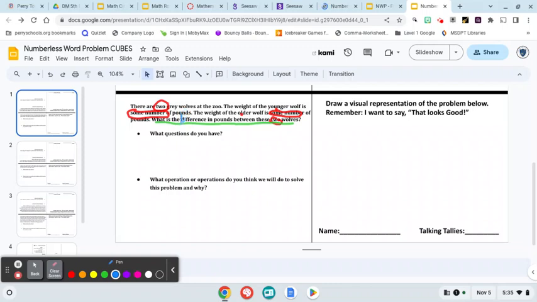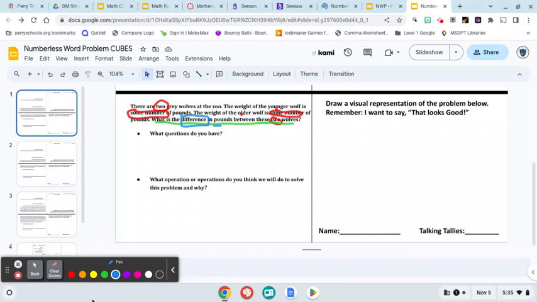The clue word in this problem is difference. I know that difference means to subtract, so I'm going to put a little minus sign there. What I'm going to do is subtract the older wolf's weight minus the younger wolf's weight.